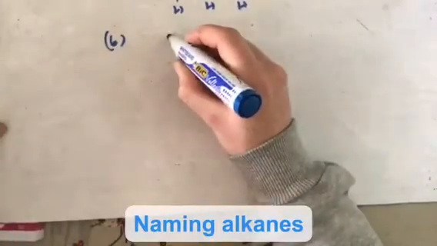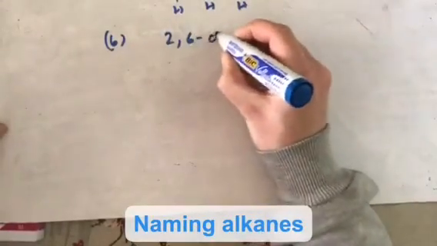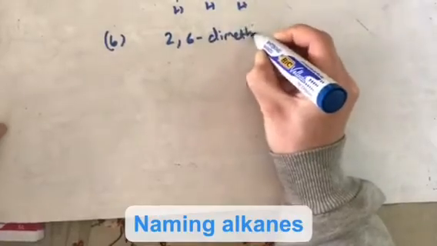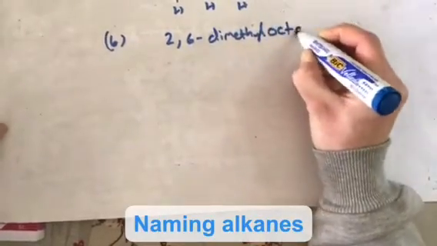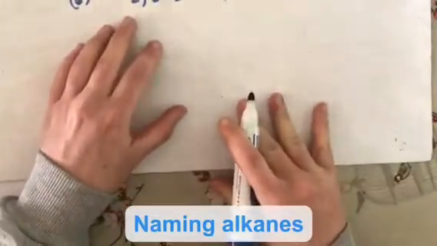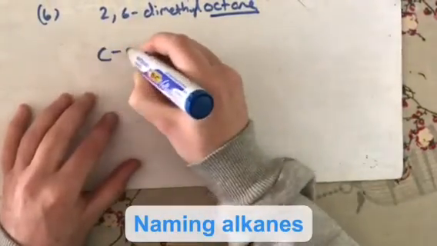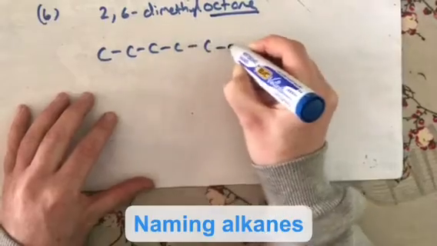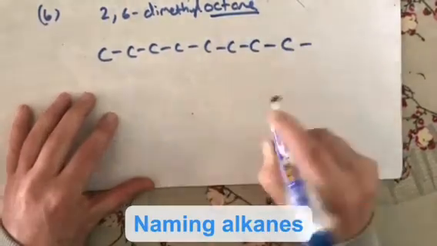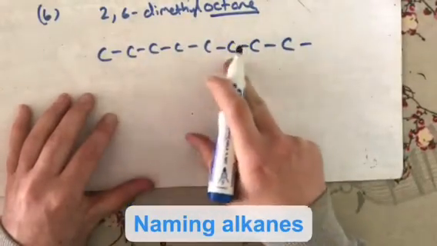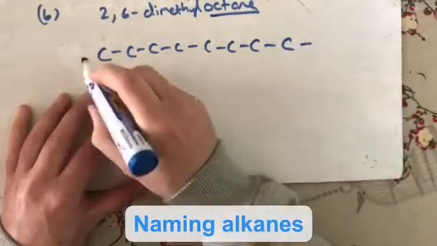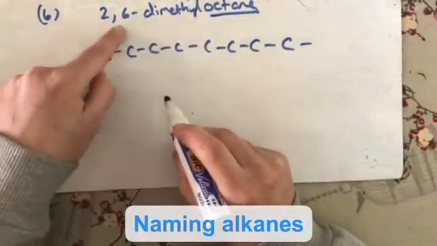Now let's have a go at B. B is 2,6-dimethyloctane. So octane, our root, is 8 carbons. 1, 2, 3, 4, 5, 6, 7, 8. Perfect. Okay. And we've got 2,6-dimethyl.